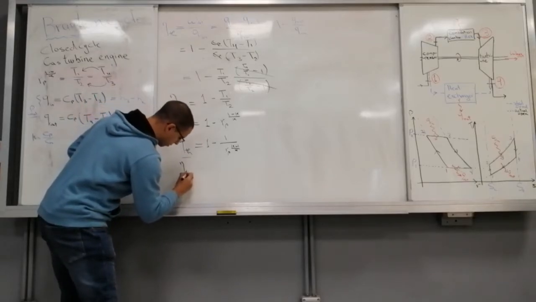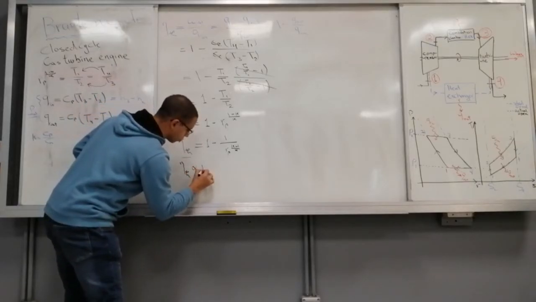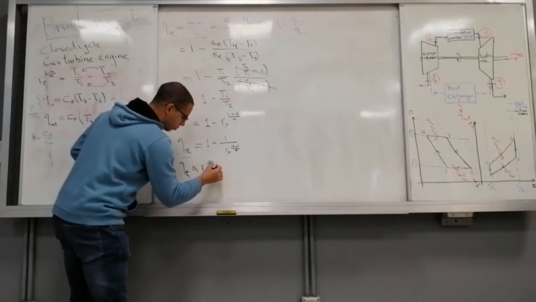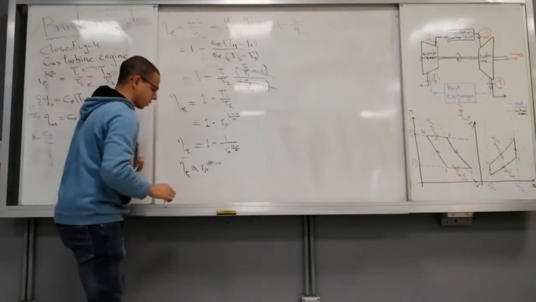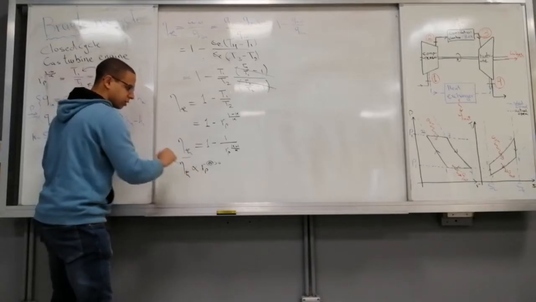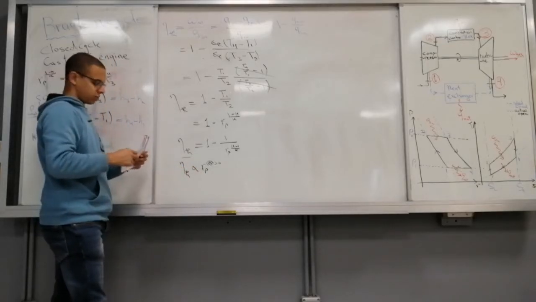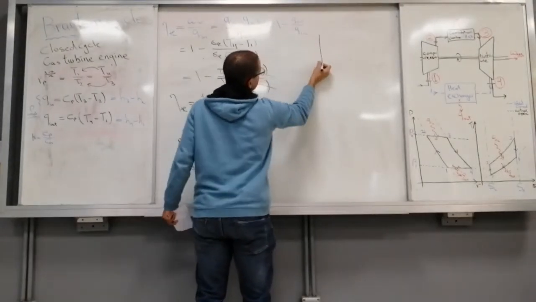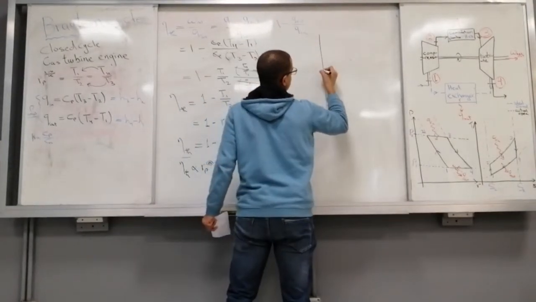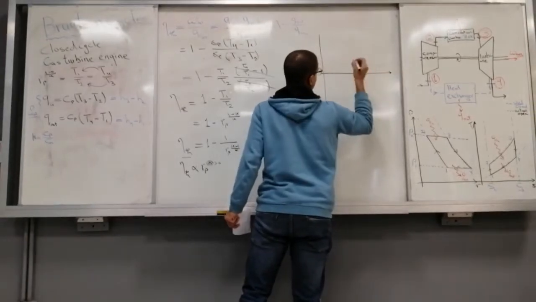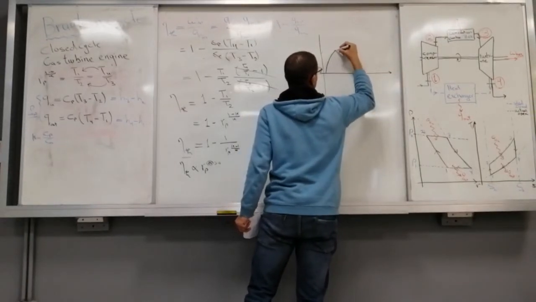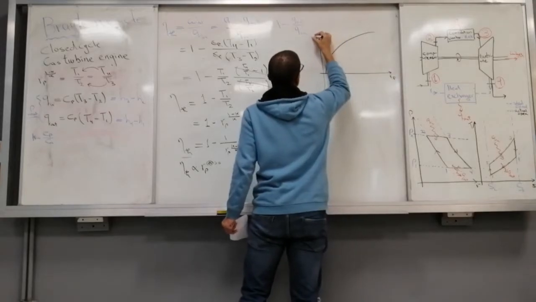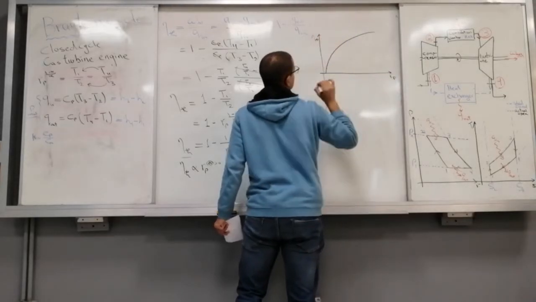Thus, we know that the thermal efficiency is directly proportional to Rp to some power m, which is always positive. This relation is a direct relation, and its graph looks like this. We will need the other portion of the graph in a minute. Rp against the thermal efficiency.